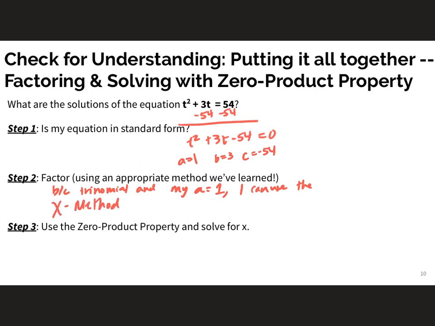So let's try out this x method. I'm going to draw a big X, and whenever I'm using my x method, I write my c at the top, my b at the bottom. I'm multiplying to my c, and I'm adding to my b.